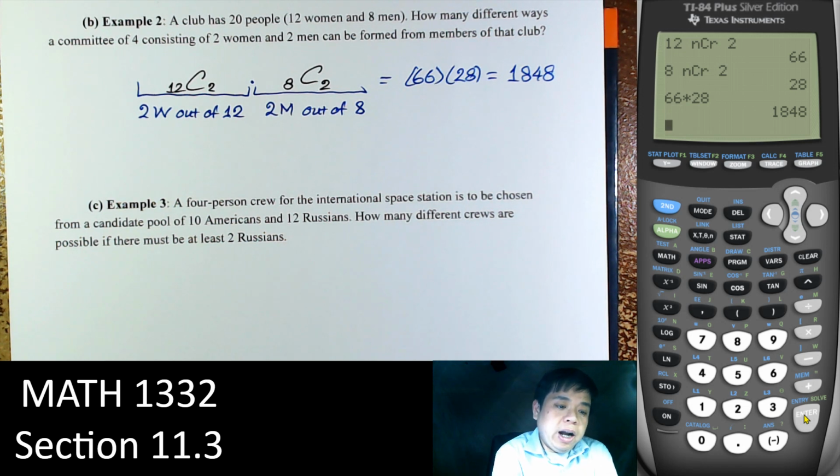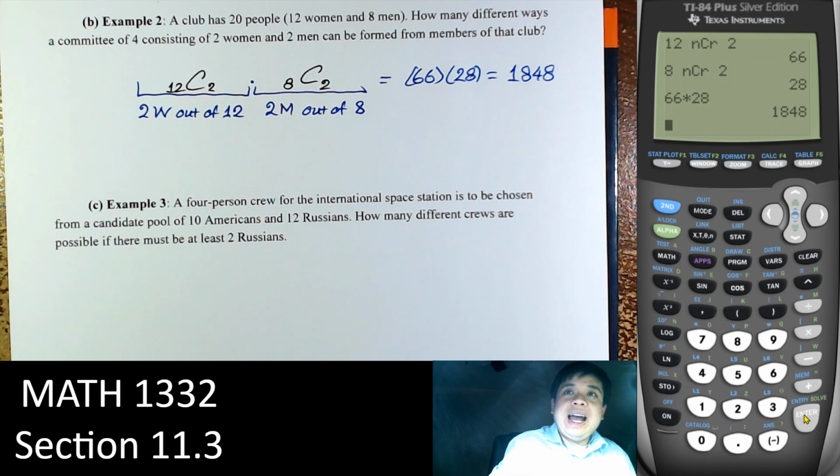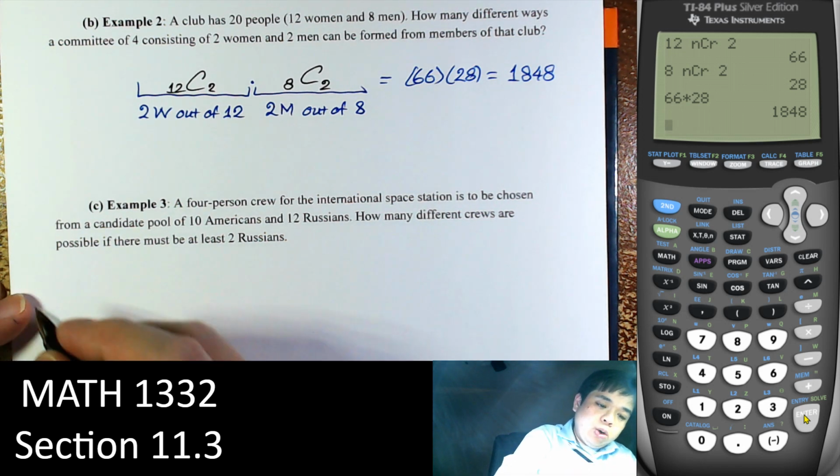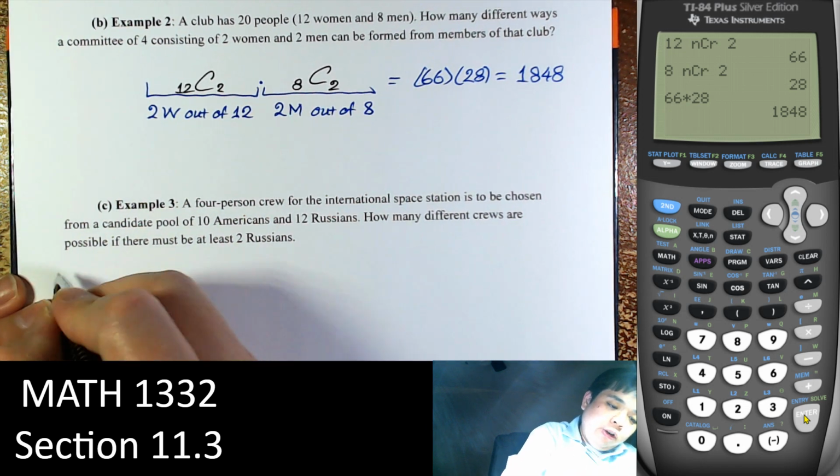Similar problem. A 4-person crew from the International Space Station is to be chosen from a candidate pool of 10 Americans and 12 Russians. How many different crews are possible if there must be at least 2 Russians? Okay. Now there are 4 people, and at least 2 of them must be Russian. So, what can you choose?